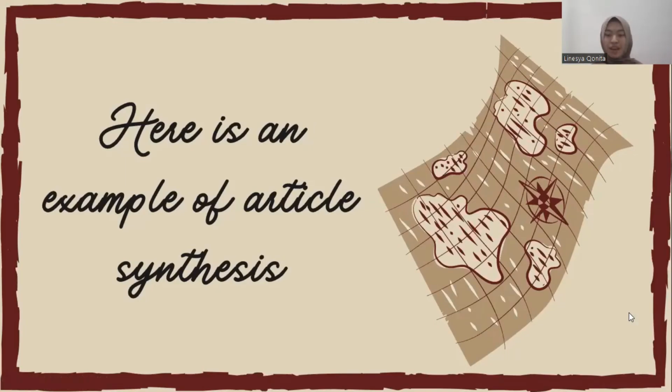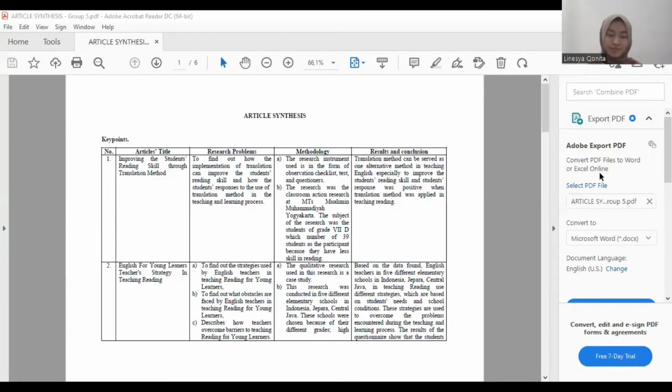So here's an example of article synthesis. In synthesis, we can enter key points containing the title, research problem, methodology, result, and conclusion.